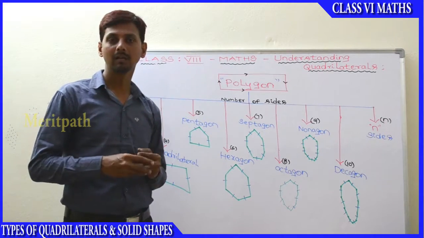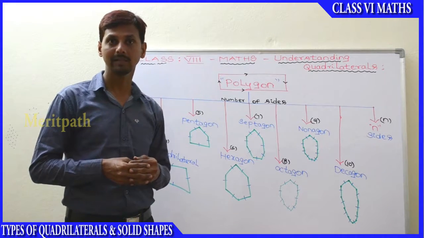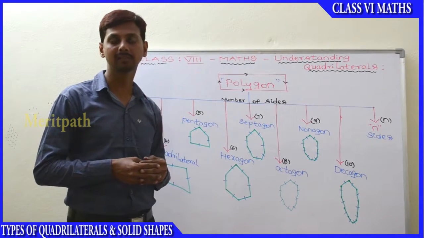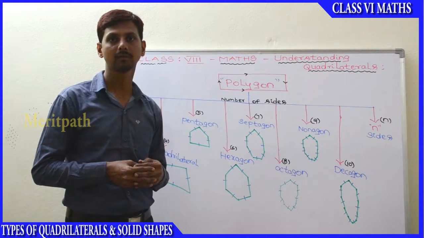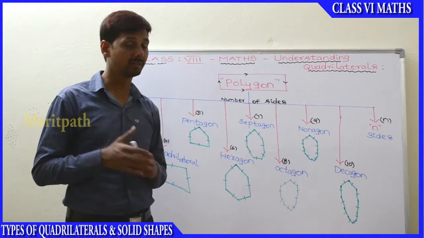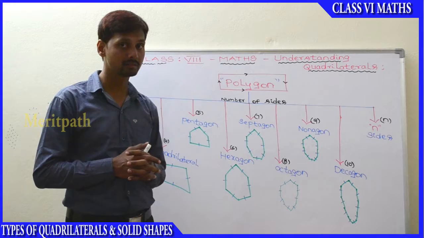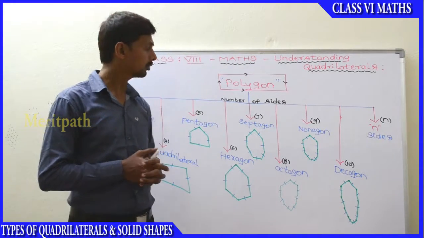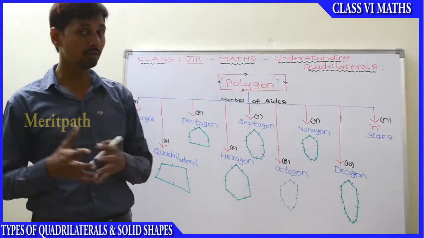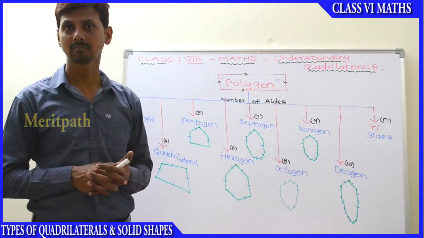A simple closed figure bounded by line segments is called a polygon. Already we have discussed it. So here we have different types of polygons.